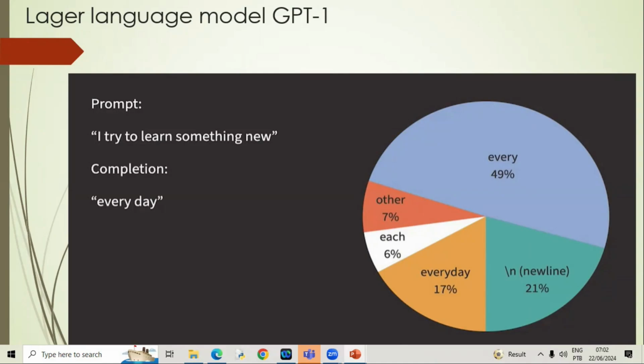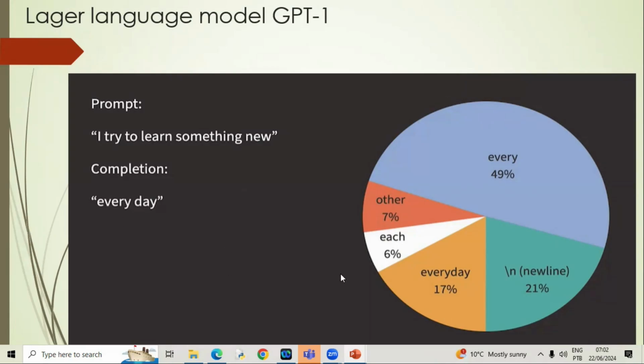Or if I say instead of every, I can put each day. It is not so probable. I can say each hour, each time. But if there is a day, every should be there. And the probability of every is 49%. If I say, what is the percentage of every day, instead of, I'm dividing into every and day.